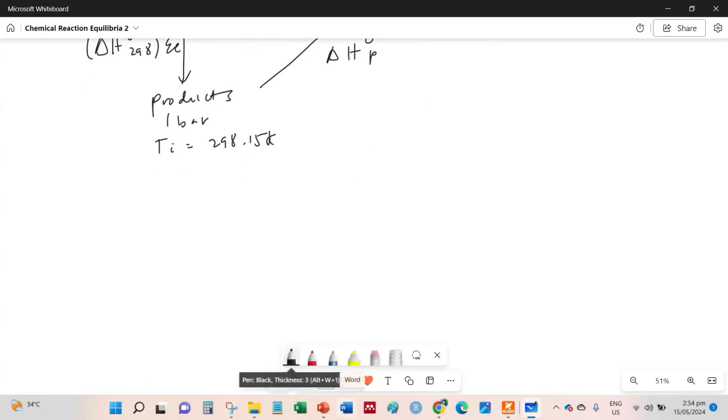So if we write an energy balance, and assume everything else is negligible and it's adiabatic, the total delta H is just equal to 0.